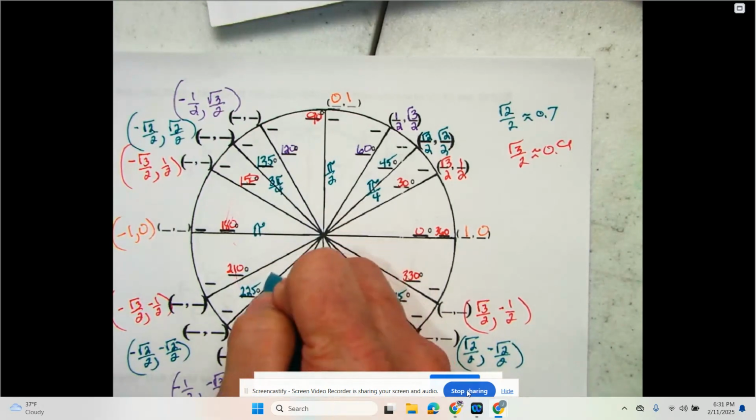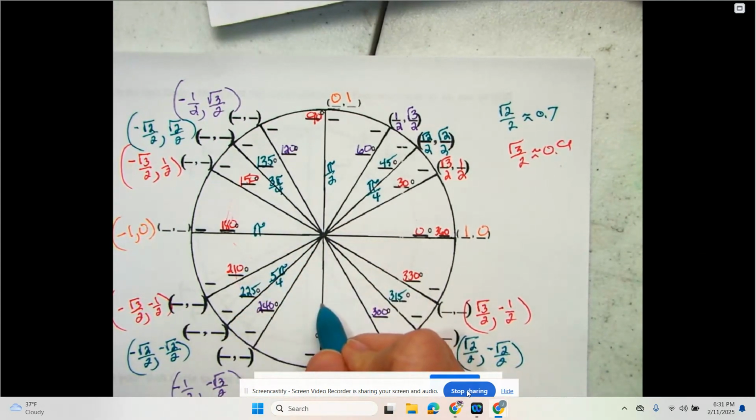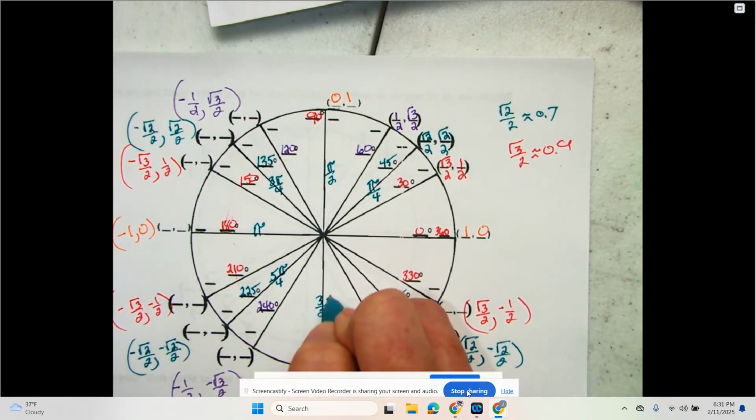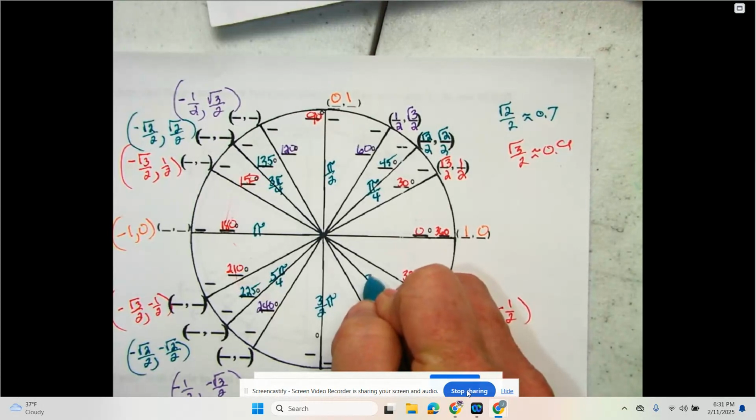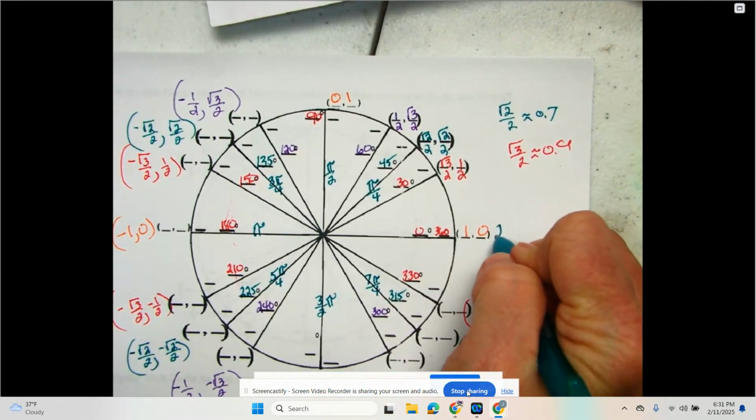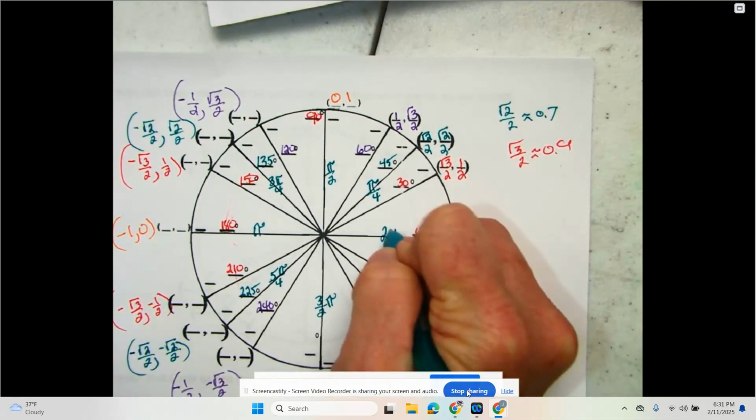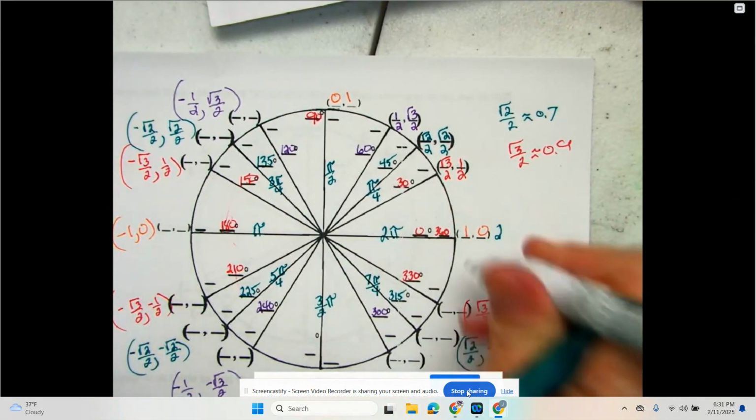This is 5/4. 6/4. 6 over 4 reduces to 3/2. And this is 7 pi over 4. And then 8 pi over 4 is 2 pi.